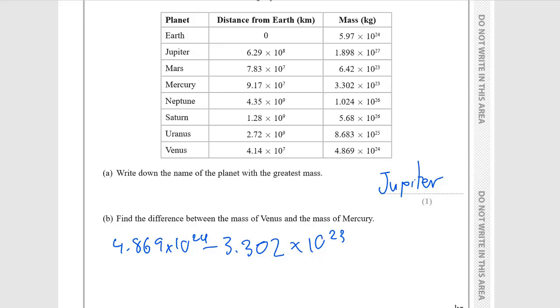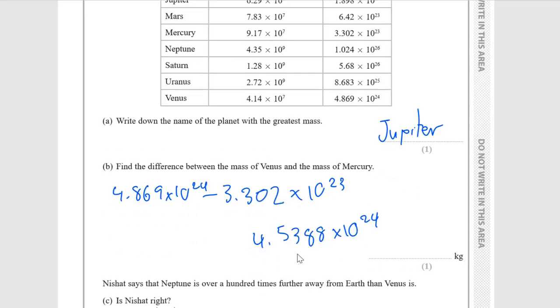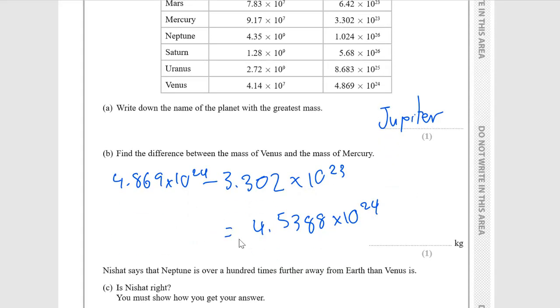So if we subtract these two, we can just use a calculator. We get 4.5388 times 10 to the 24 kilograms.